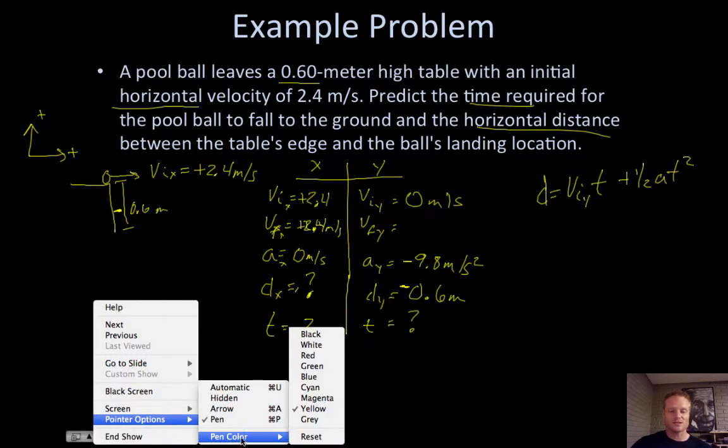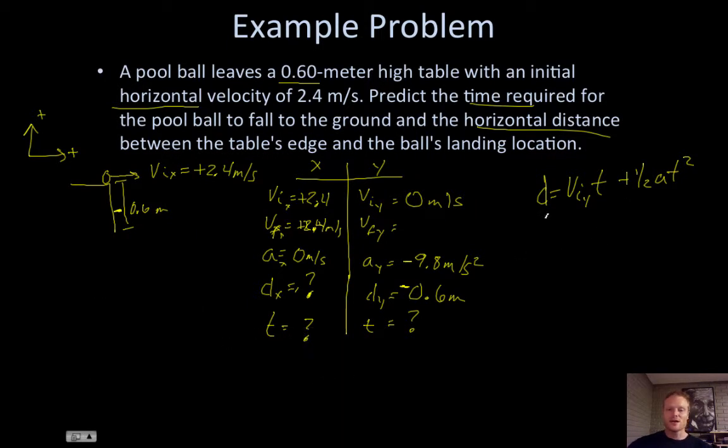And I'm going to change pen colors here so it's not so monotonous. d is negative 0.6 meters. v sub i y is 0. So that's really cool. This whole thing cancels out here. So I have 0 plus 1/2, and then what is my acceleration in the y direction? Negative 9.8 times t squared.